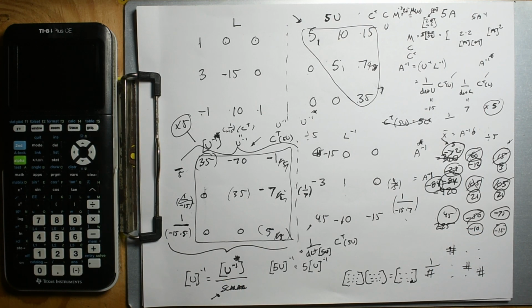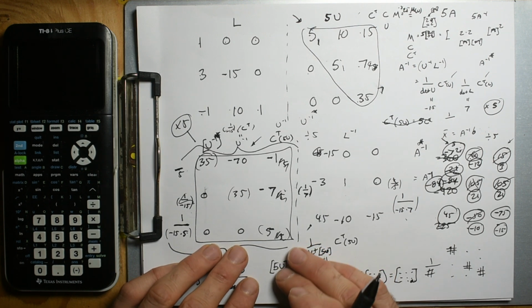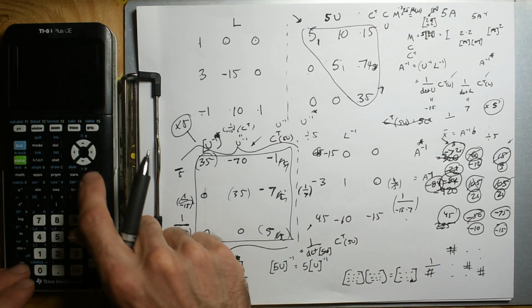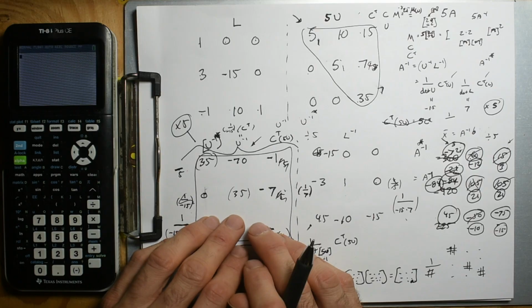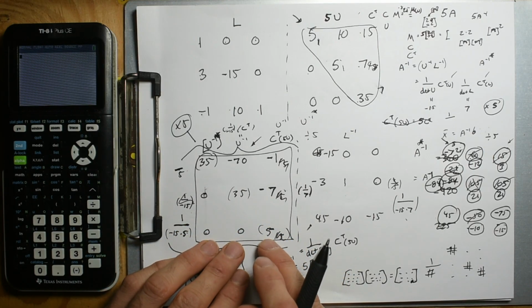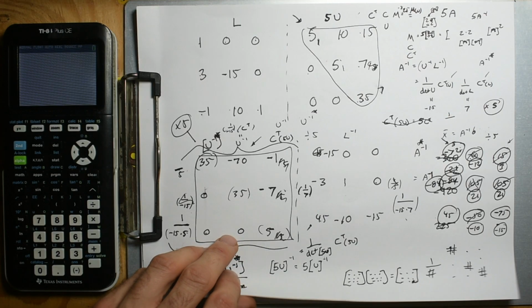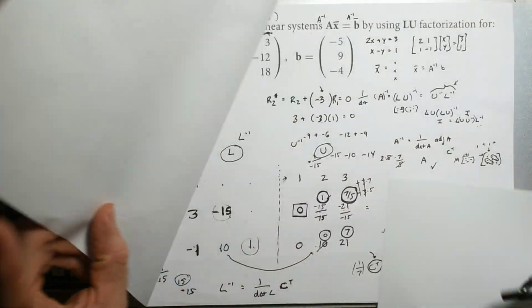Oh, that's interesting. Oh, and we just know that this divided by 5 is the inverse of the upper. And so we should check just to make sure the upper and this are legit.